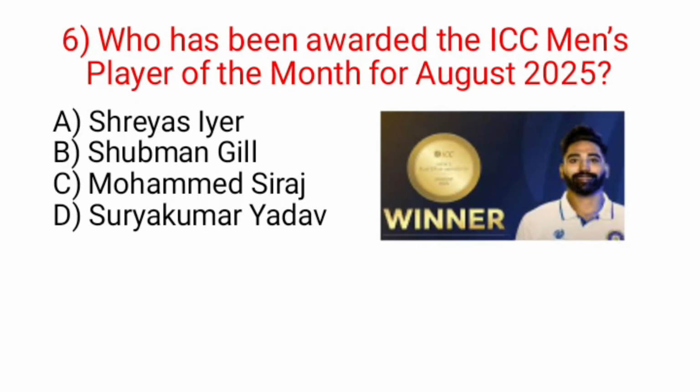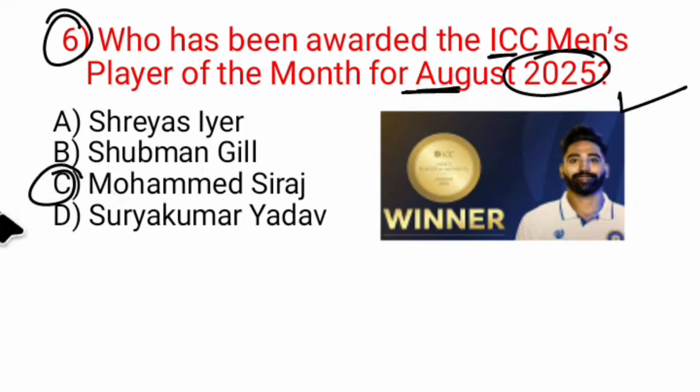And moving next, question number 6, who has been awarded the International Cricket Council's Men's Player of the Month for August 2025? In the men's category, this was won by Mohammad Siraj. Therefore option C is the right option for question number 6.